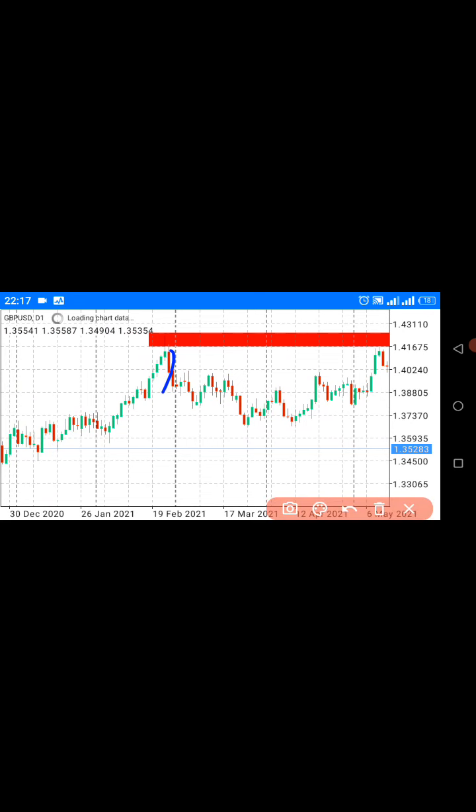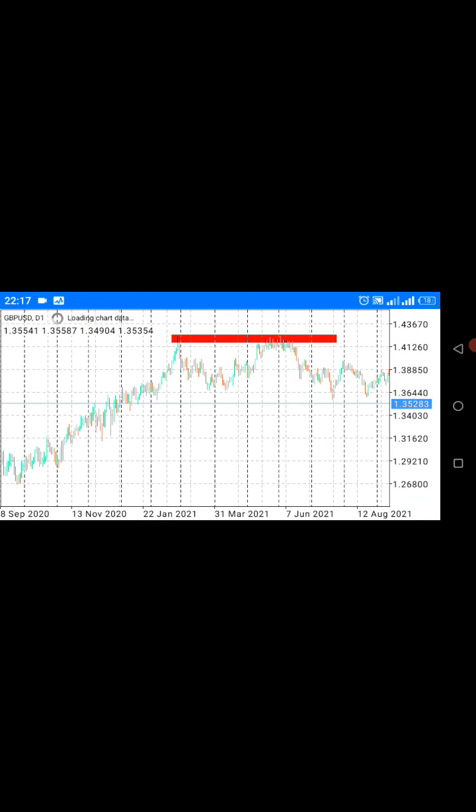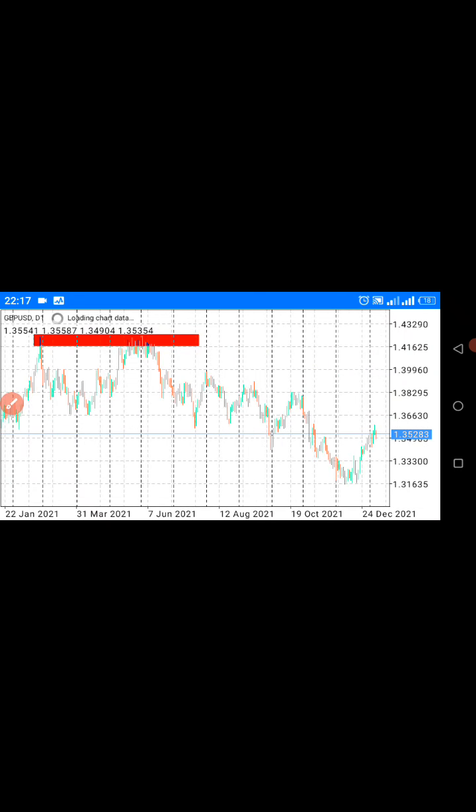This is the first touch. This is the second touch. You can see after the reaction we have price coming down, and price is still coming down to this level, and probably price is still coming down like that.